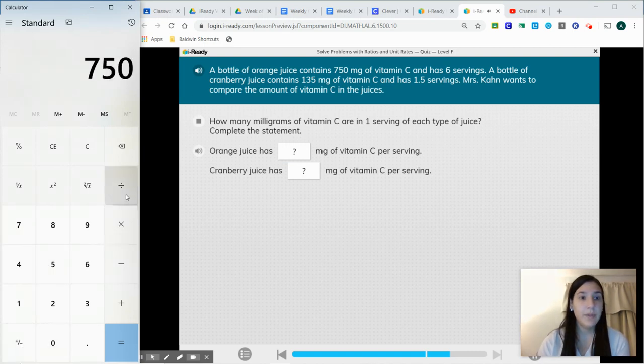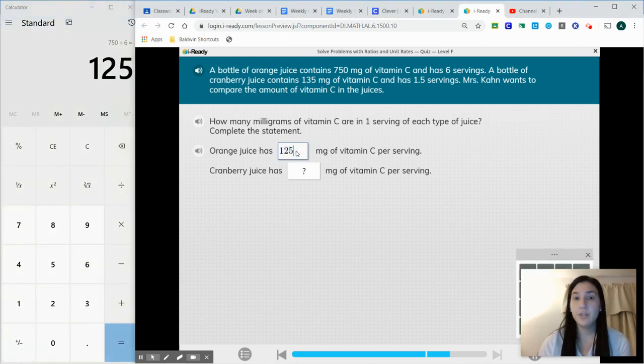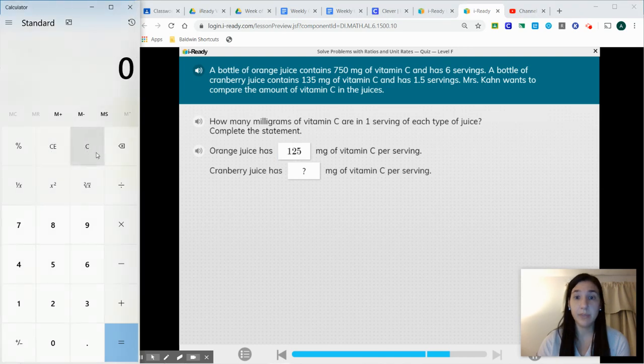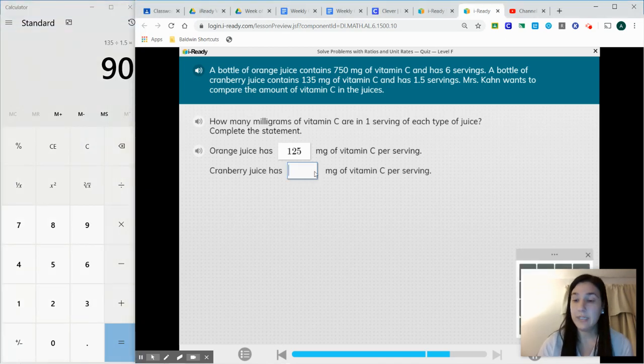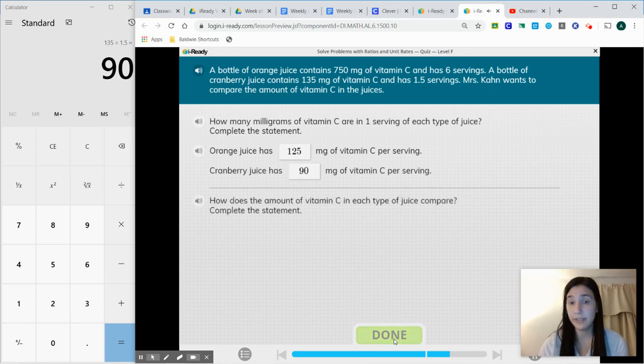For orange juice, we have 750 milligrams divided by 6 servings, so it'll be 125 milligrams of vitamin C per serving. And cranberry juice is 135 milligrams divided by 1.5 servings, which will give us only 90 milligrams of vitamin C per serving. So orange juice clearly has more.